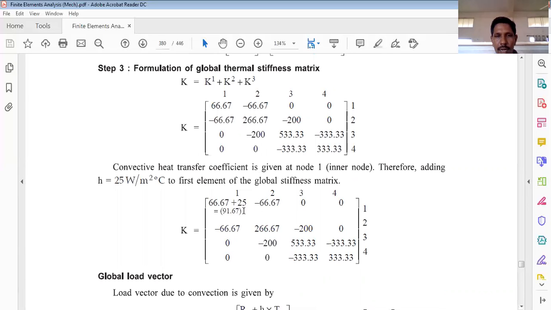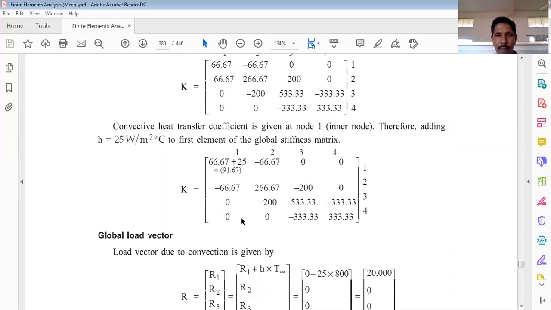It should not be added to other entries, as the convective heat transfer coefficient is specified at node number 1. It is to be added to the inner surface entry, which corresponds to the 1 cross 1 entry. So the magnitude now in this global stiffness matrix of the thermal problem is 91.67.